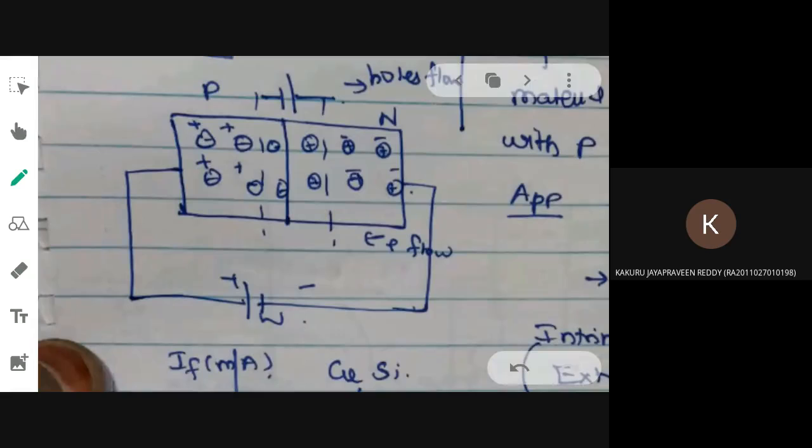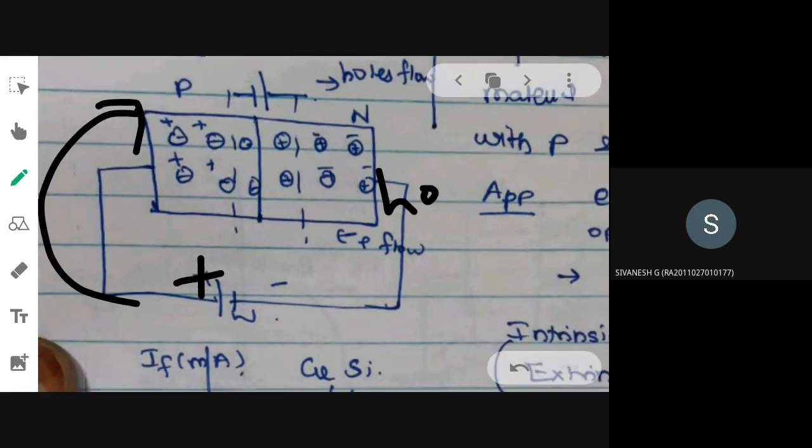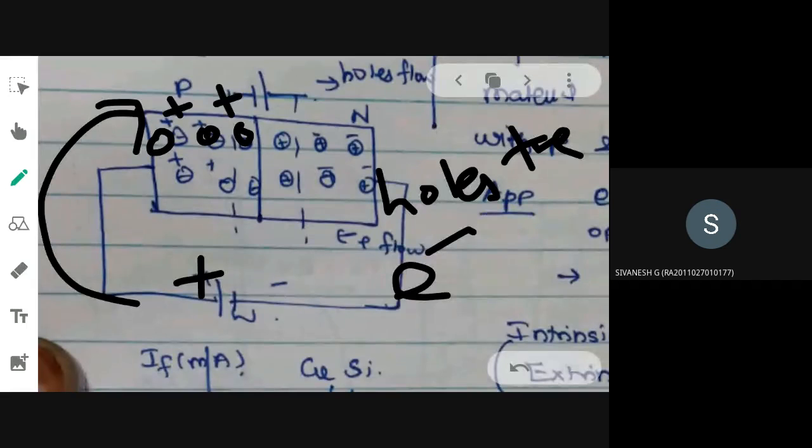Now moving on to the plus connection. Plus is connected to P, where the majority charge carriers are holes. Holes are actually positive, electrons are actually negative. So what will happen as a result? Here the majority charge carriers are holes, which are positive in nature, and the polarity here is also positive.